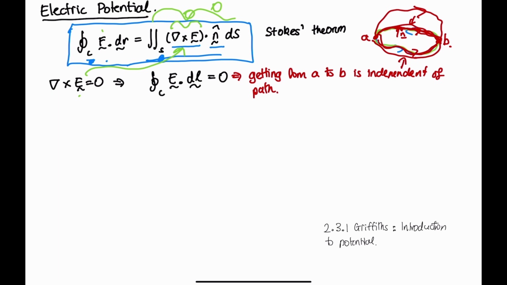Which, I mean, we'd expect because we've discussed previously how the electrostatic force is a conservative force, and that's what a conservative force means. It means that it's independent of the path.